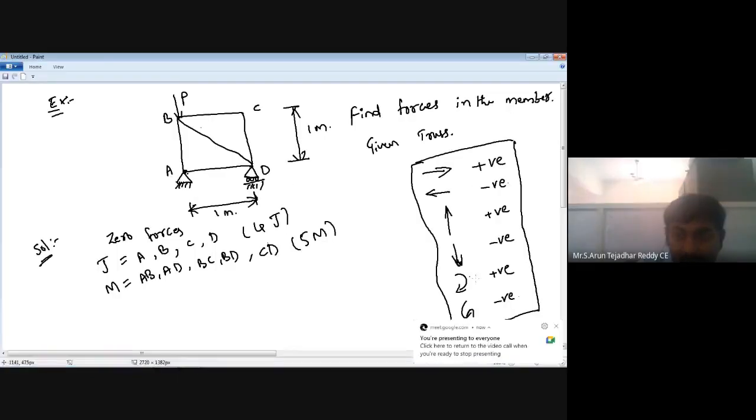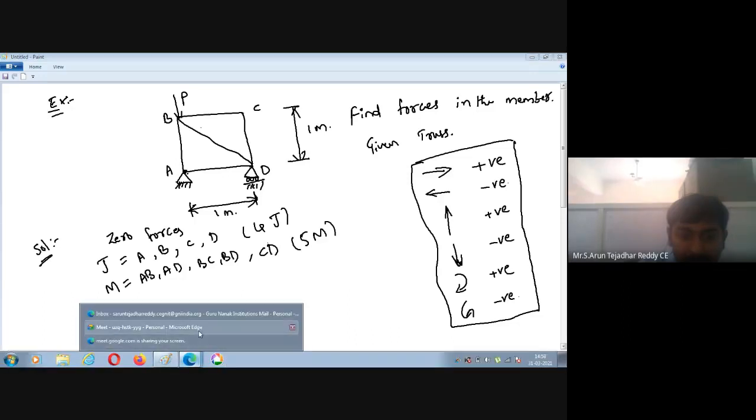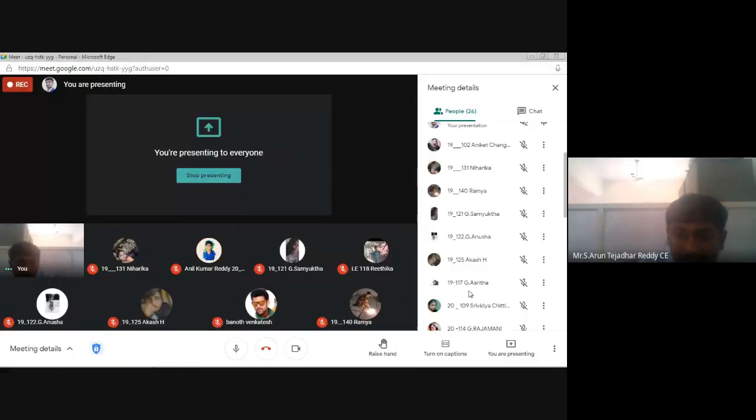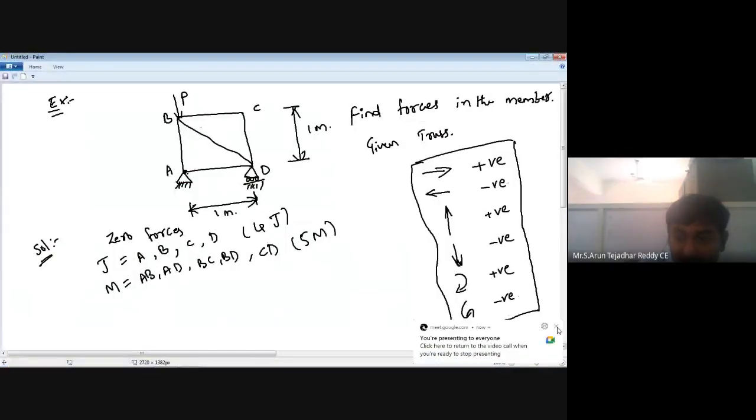Tell me the answer. 117 Ashrita, once observe this diagram and tell me if any member force is getting zero value.